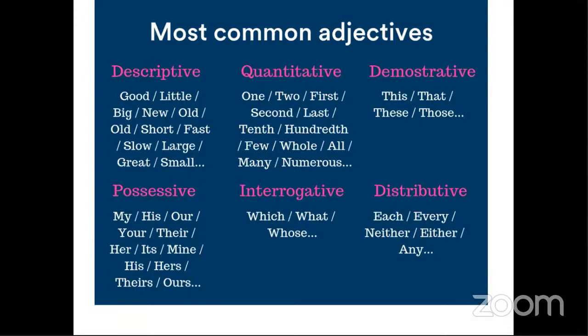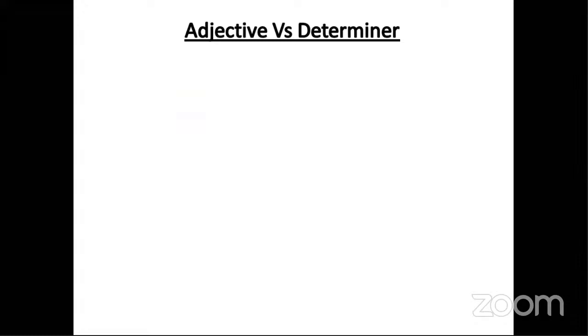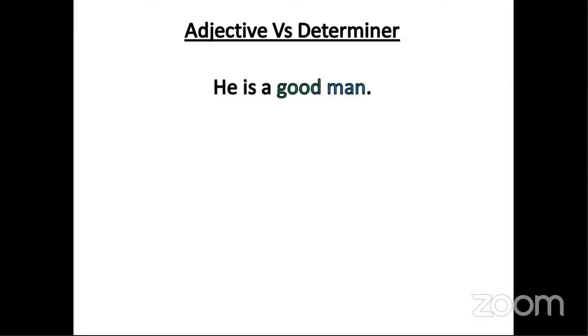Now, I hope you have brushed up your memory with what are adjectives and which are the different types of adjectives. Now, let us understand what is the difference between an adjective and a determiner. We will understand it with the help of this example. He is a good man. Now, which is the noun in this sentence? Man is the noun. What is the word that has been used to describe man?